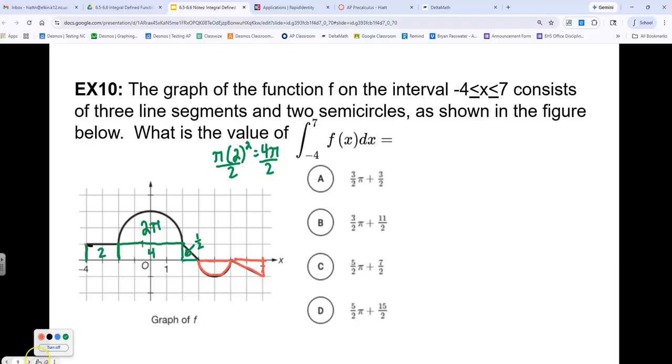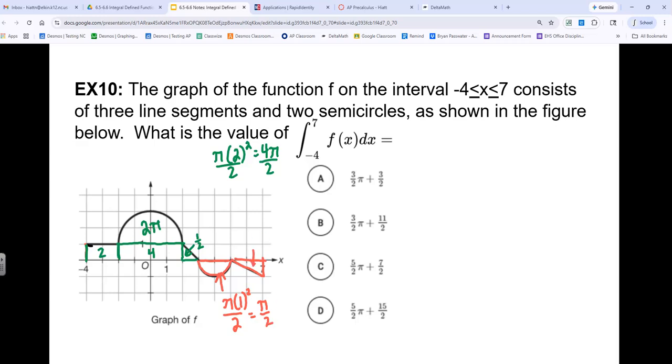And then over here, for this circle, pi times the radius squared. What's the radius of this circle? Just 1, but divide it by 2. So that's going to give you pi over 2.